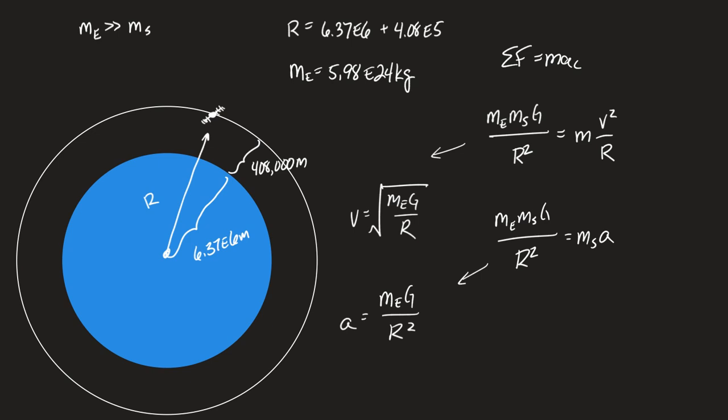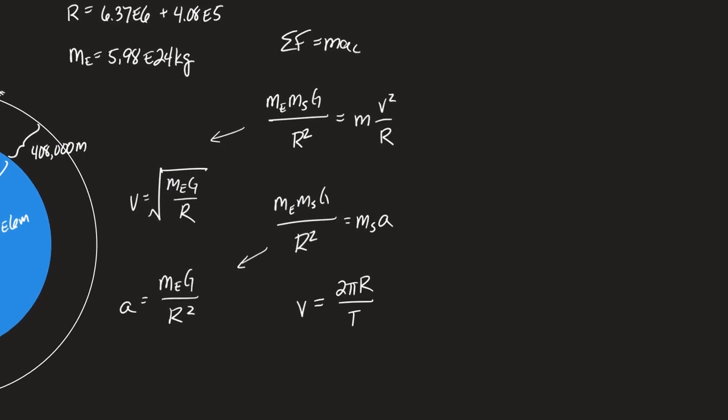These are all the questions, right? But the last one was to find the period. And to find the period, you have to bring something else to bear. And that is distance over time. You want to bring these things together.